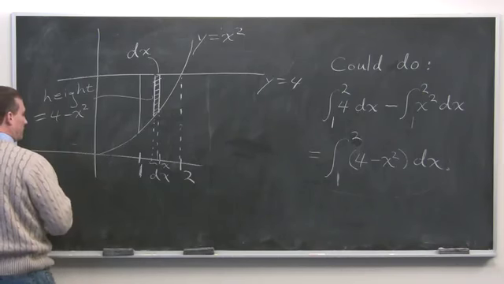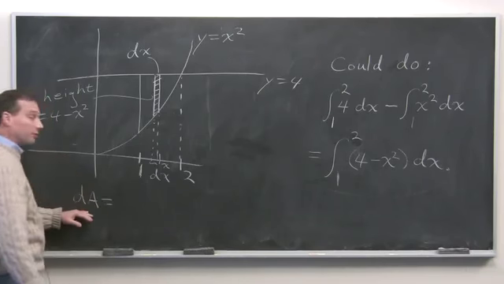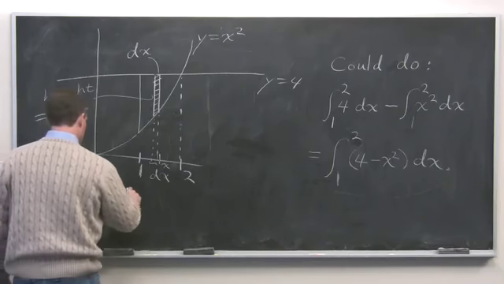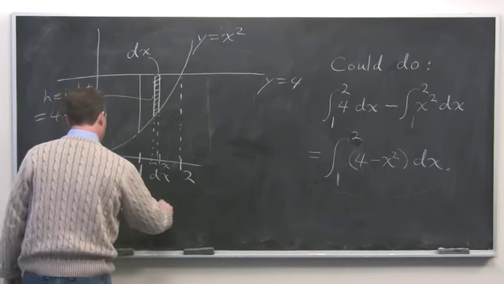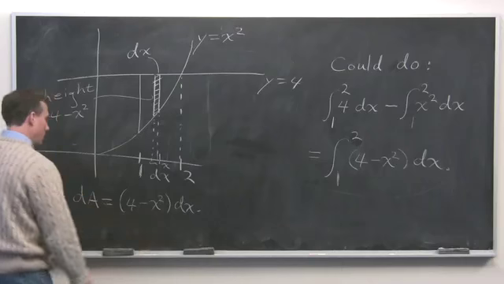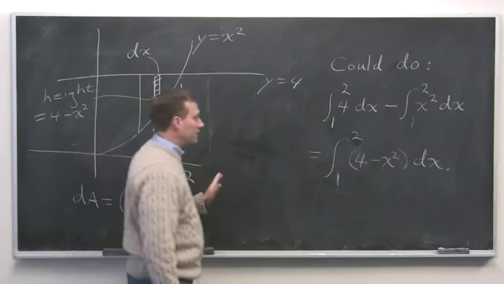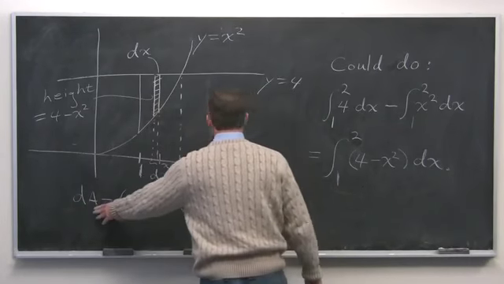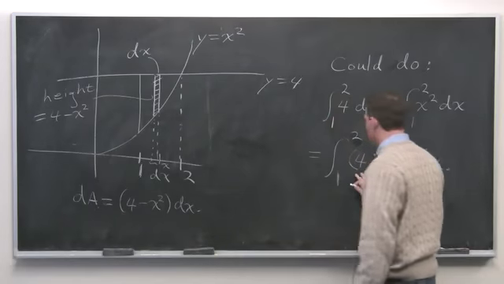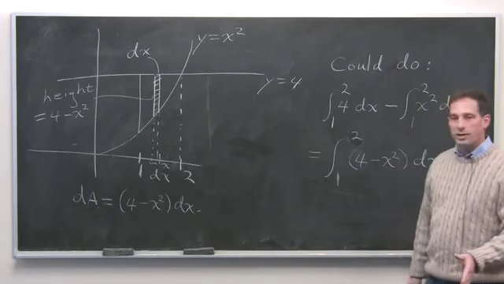So you get a bunch of infinitesimal little blobs of area, a little blob of area trapped between the curves. A little dA is 4 minus x squared dx, the height times the width, and then a definite integral is the continuous sum of all the infinitesimal little blobs of area. So that's what you get. You integrate as x goes from 1 to 2 of 4 minus x squared dx.